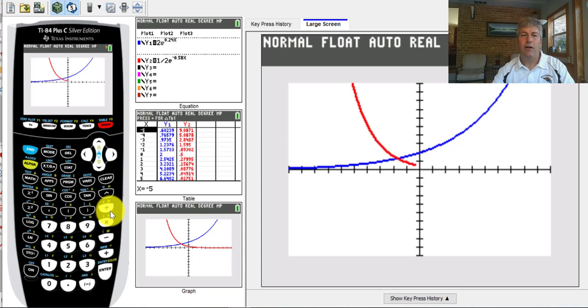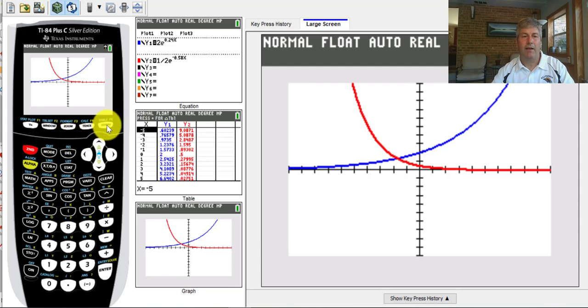And you'll also see here on the screen a table of values. So you can see the values for 0, 1, 2, -1 for the blue function and for the red function. Now that came up automatically on my screen, but you can also go to the table function on your graphing calculator.